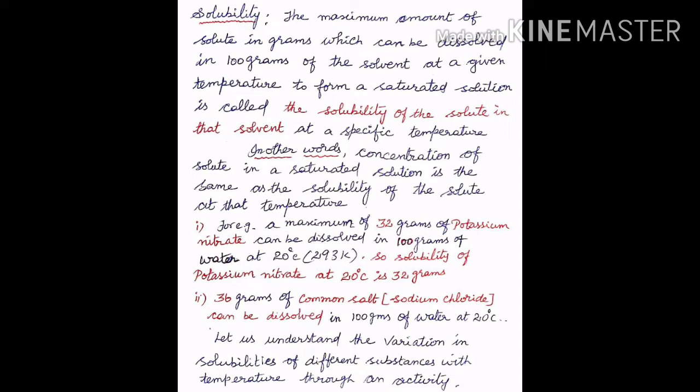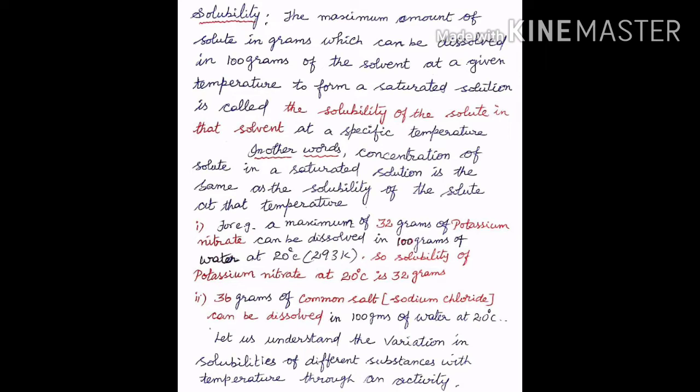I repeat, the concentration of solute in a saturated solution is the same as the solubility of the solute at that temperature. You can understand by an example. For example, a maximum of 32 grams of potassium nitrate can be dissolved in 100 grams of water at 20 degrees Celsius.